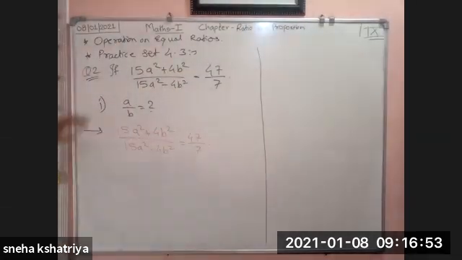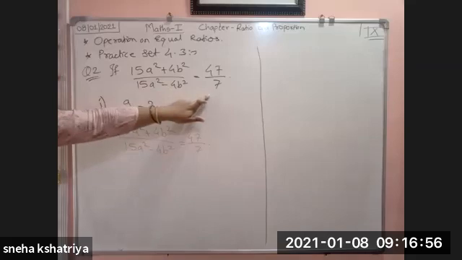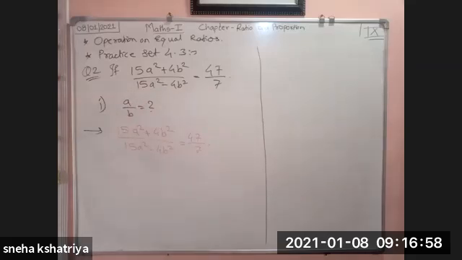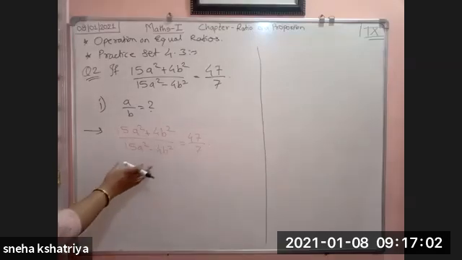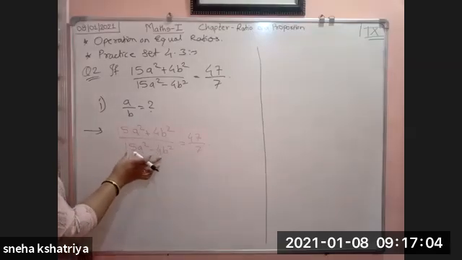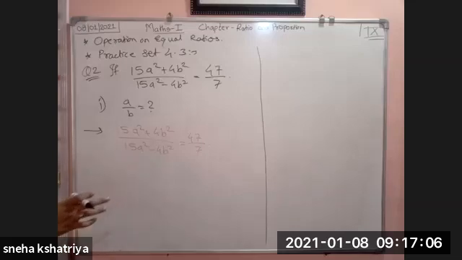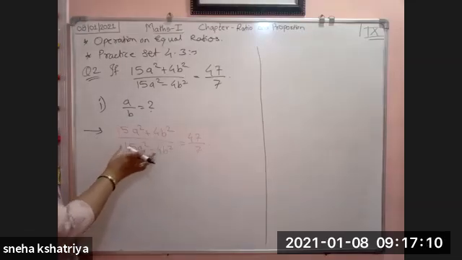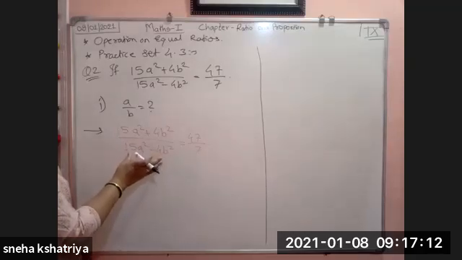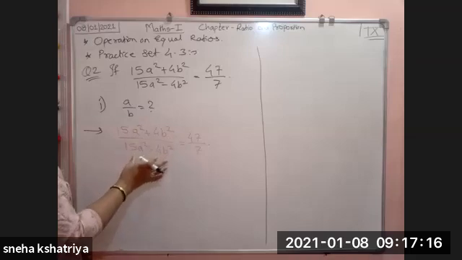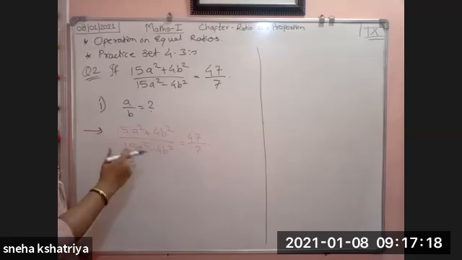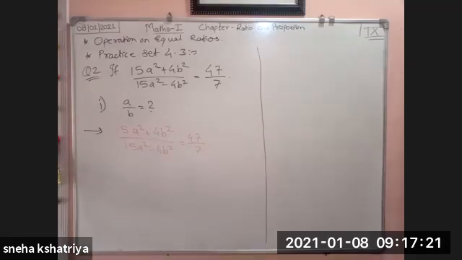But here an expression's value is already given and we have to find the value of a and b. For that, always use the componendo and dividendo property, because whenever such a term comes, it adds to the numerator and subtracts in the denominator, so one term gets cancelled and it becomes easy to solve.